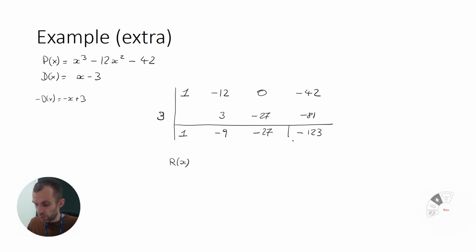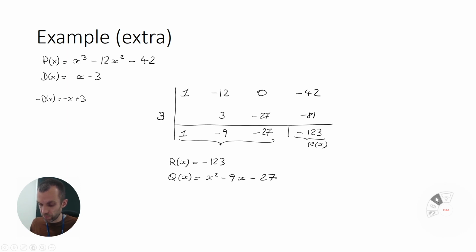Remember, if we divide by a monic linear polynomial, the remainder is always this last term. So r of x is minus 123. The quotient is given by the other coefficients, so it's x squared minus 9x minus 27. Just to wrap up, here we have written p of x divided by d of x as the quotient plus the remainder divided by the divisor.